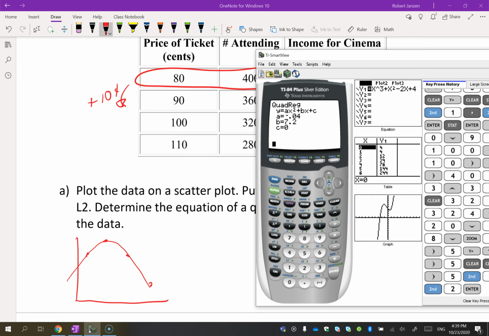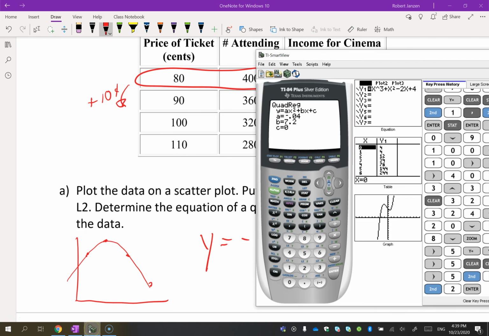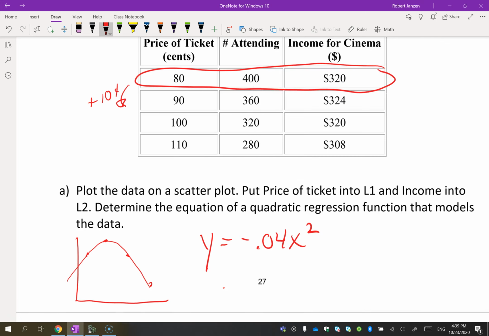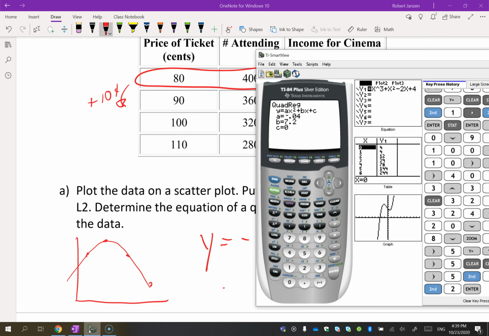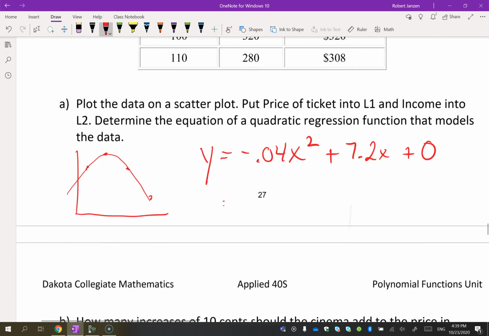It says y equals ax squared plus bx plus c, and it gives me what a, b, and c are. So I'm going to have y equals negative 0.04x squared plus 7.2x, and then plus 0 for c. This is the equation of my quadratic that represents the line of best fit.